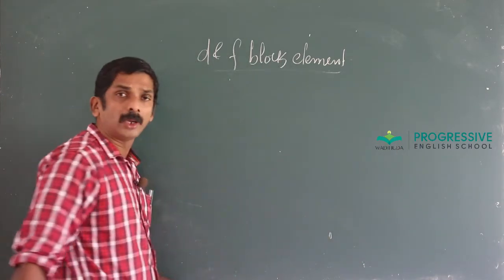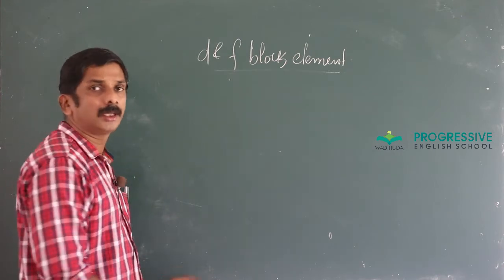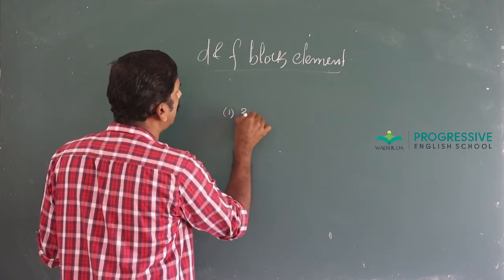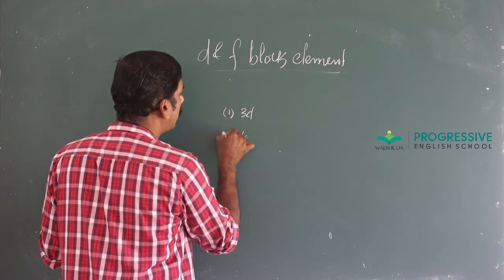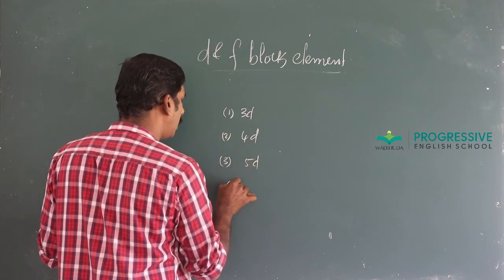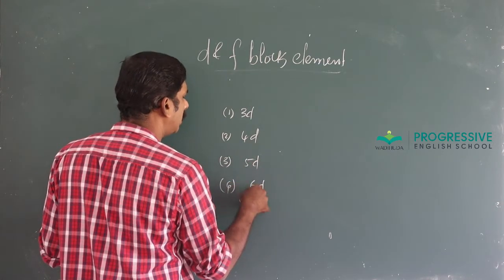When you go through the periodic table, you can see that there are 4 transition series: the first transition series, 3d series, 4d series, 5d and finally 6d series.